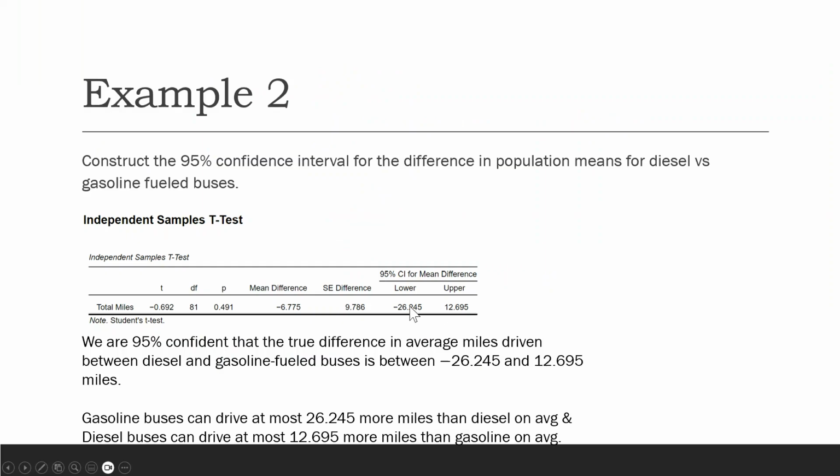And what this means, because my bounds include both positive numbers and negative numbers, think about a number line that starts at negative 26.245 and ends at 12.695. It includes both positive and negative numbers.